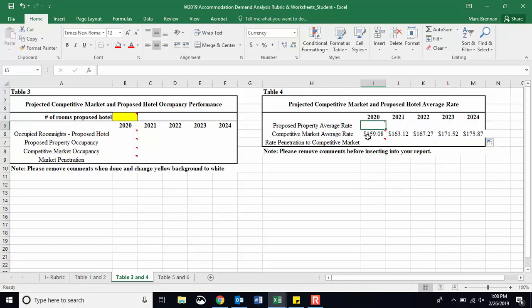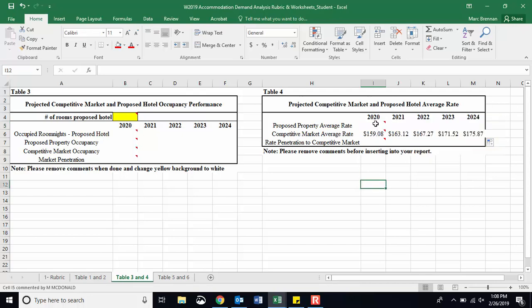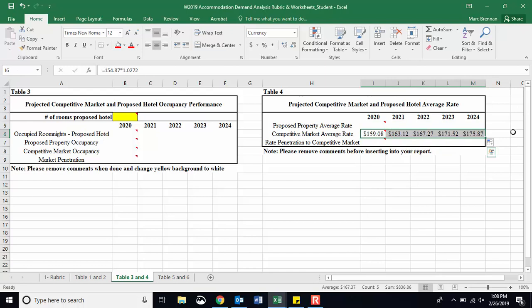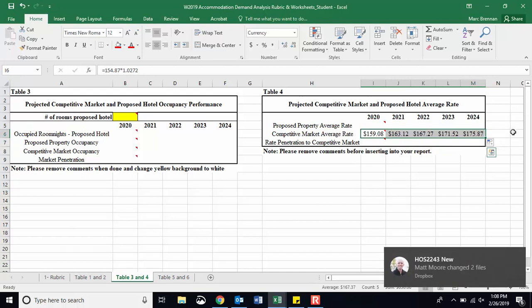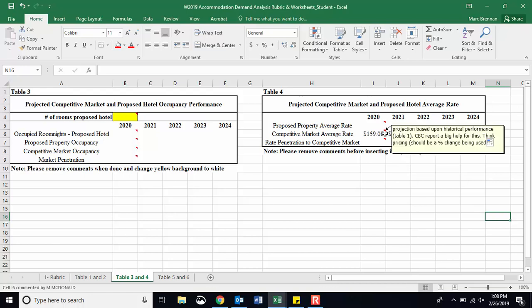Now at this point, you should be able to look at the comp set rates and base your decision on what the proposed property average rate should be on that, but also on your brand itself. Remember that this average includes your economy hotels, but also your higher end hotels. So you'd be looking at Days Inn, which probably does not charge that much, or their average rate shouldn't be this high, or the Ramada Inn, which might be lower.